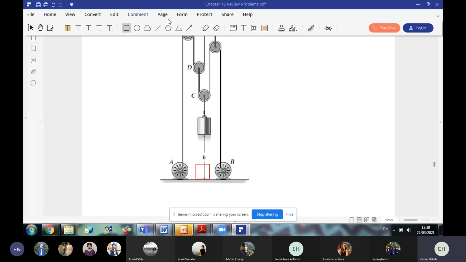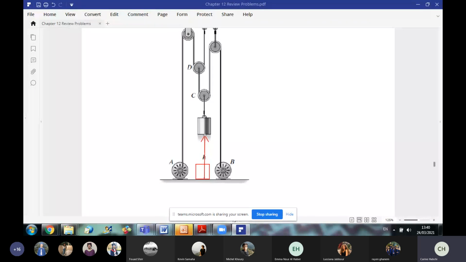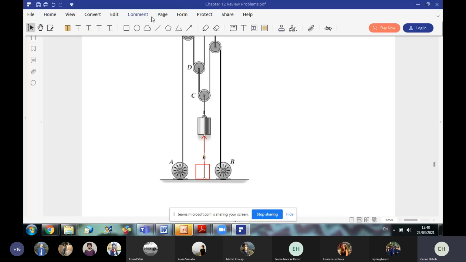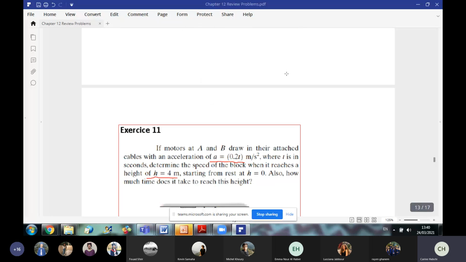Now, in this problem, they gave us delta H, the distance of lifting of the box. We will use this information to determine the time needed to reach this height and the speed of the block when reaching this height.